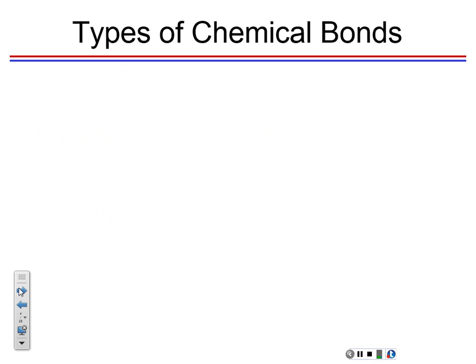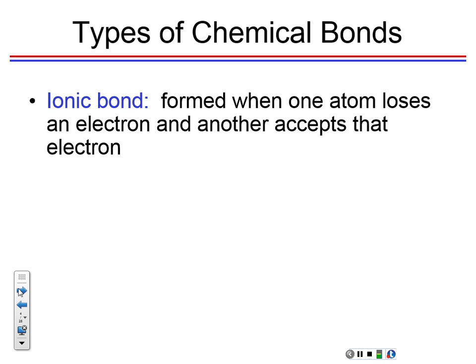So the types of chemical bonds. I think we had a few problems with ionic bonds in your LS module. Ionic bonds are when the atoms either lose or gain an electron, so they are positively charged or negatively charged. Then they attract each other.